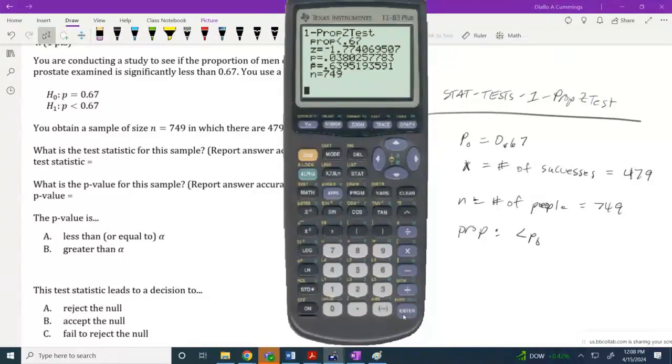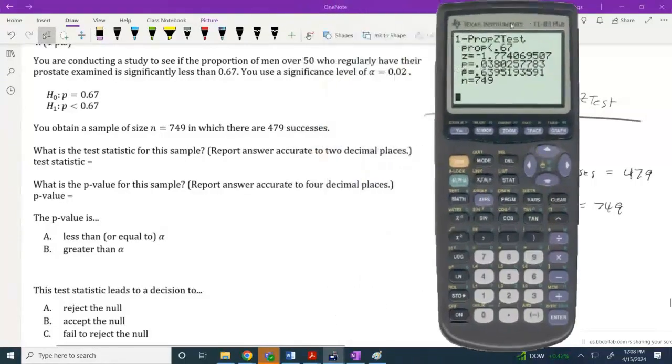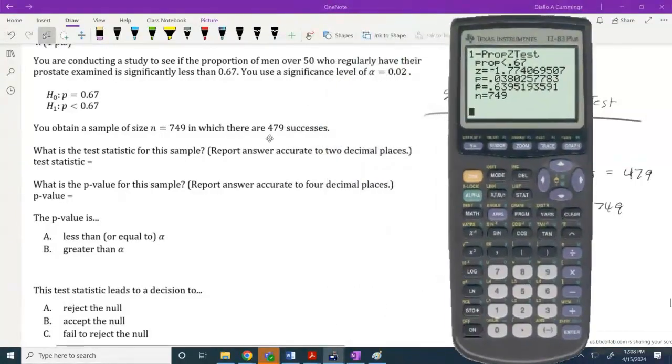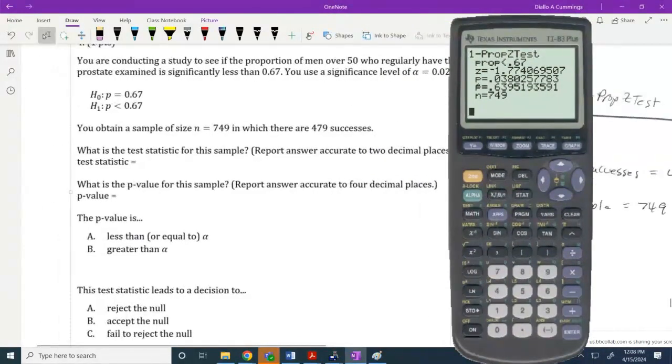And if we calculate, we have the Z test statistic, which is negative 1.77. So that would be A. It says, what is the test statistic? And that is negative 1.77.